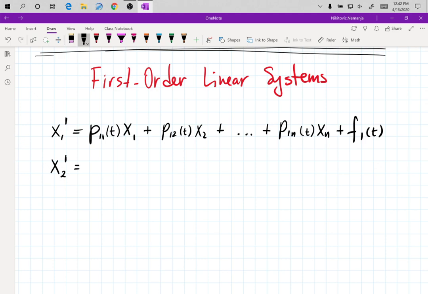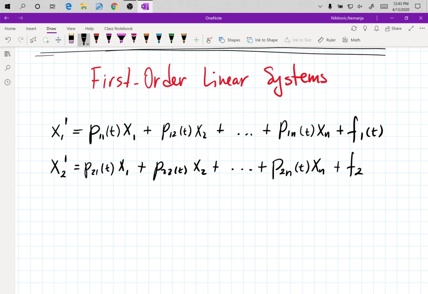X2 prime is equal to, now it's going to be p21 of t x1 plus p22 of t x2 plus, up to p2n of t xn plus f2 of t. My f2 of t could be any function. So this is for, remember homogeneous and non-homogeneous? That's where it goes, either a 0 or a driving term.